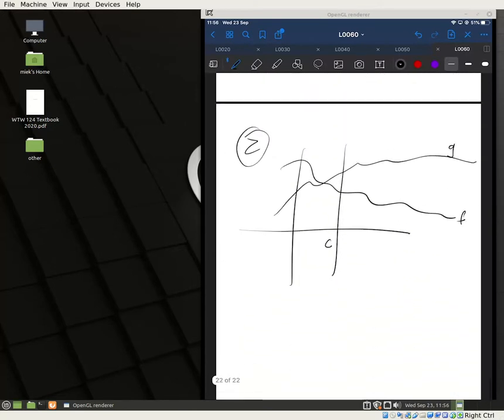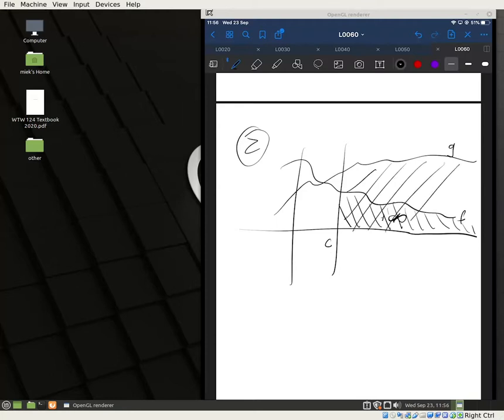How does that work? If the integral of f diverges, that means this integral from c onwards is going to have infinite area. But the integral of g is going to be even bigger. So the integral of g will also be infinite. Therefore, if the integral of f diverges, the integral of g will diverge.